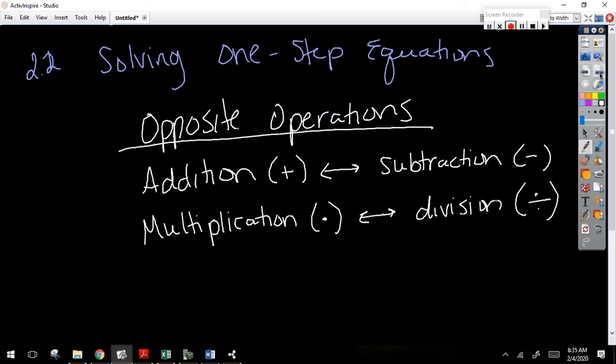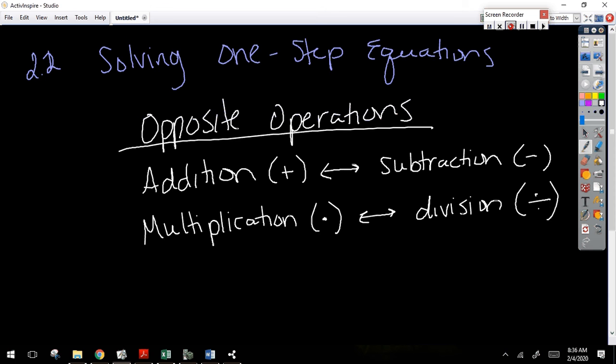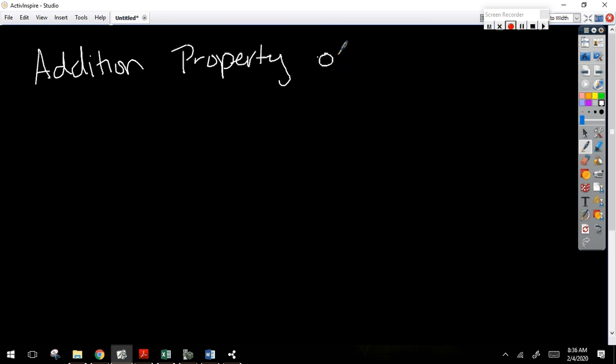All right, here's what I want to do. We have this property in algebra called the addition property of equality.